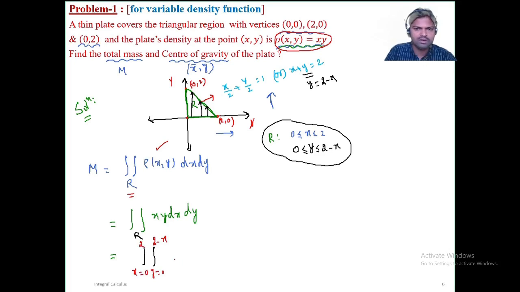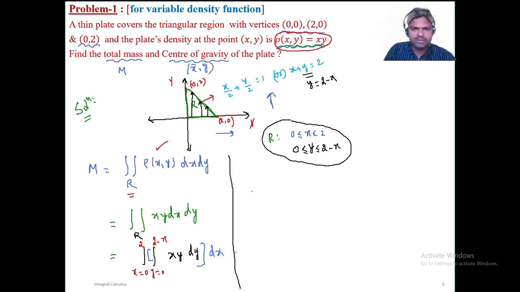This is region R. Now what is the integrand? x into y. So first dy, and after evaluation with respect to y, then we evaluate with respect to x, dx.